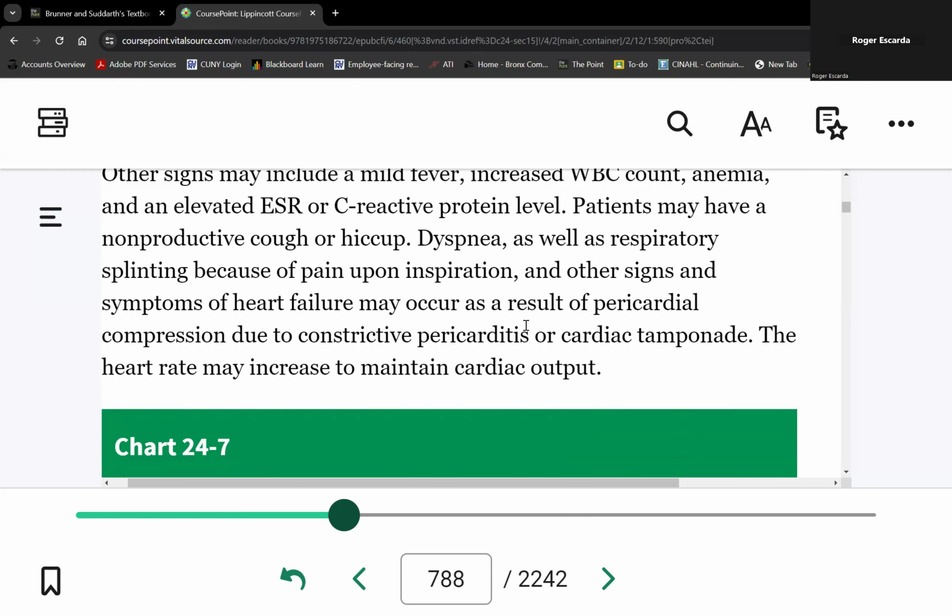Now, an emergency can occur here. Remember the blister we were talking about with the heels? Okay. When this fluid around the heart, which normally should be only about 5 to 10 ml for lubrication, increases, imagine your mediastinal cavity, your thoracic cavity.